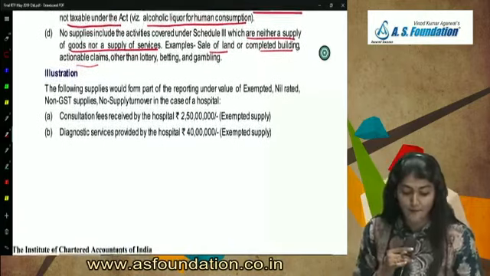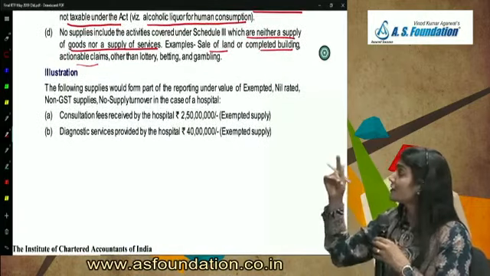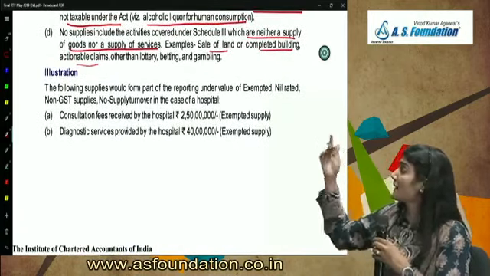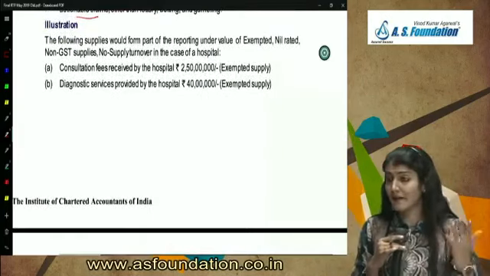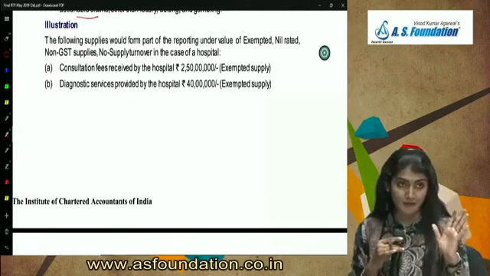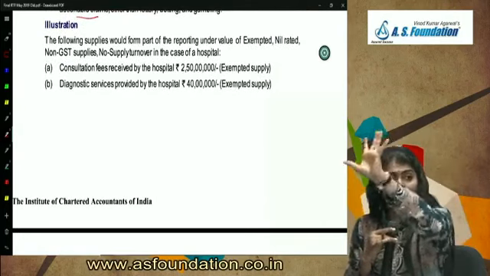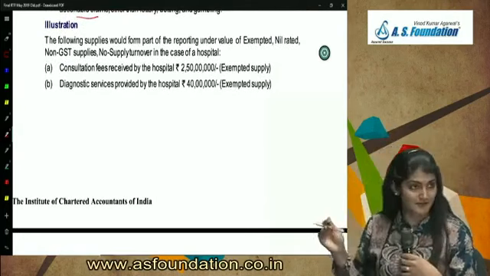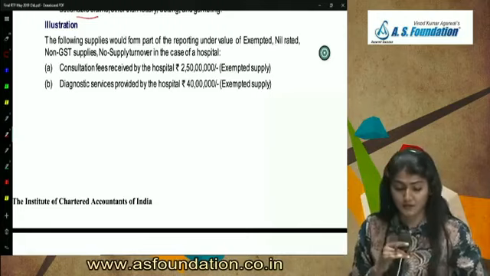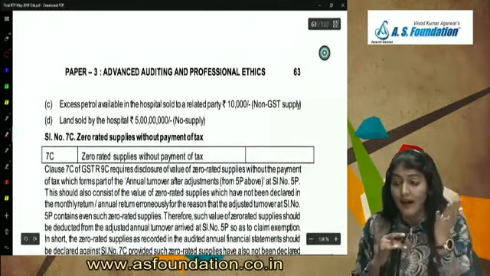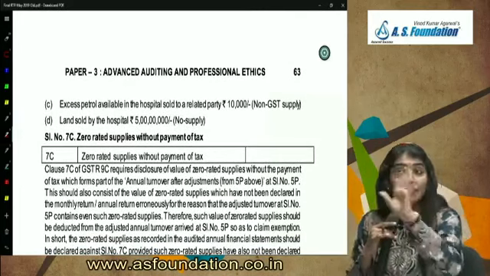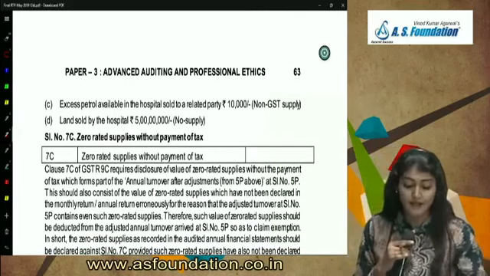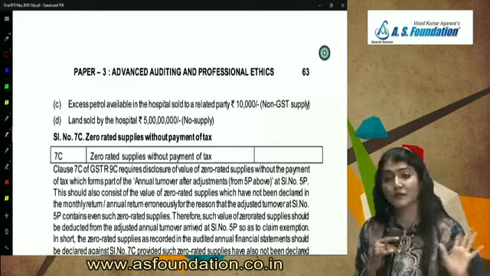Right, what are the examples they have given? Consultation fees received by the hospital, exempted supply. Diagnostic services provided by the hospital, again exempted supply. So total turnover as per GST law minus this, and minus the consultation fee, diagnostic services, excess petrol available with the hospital sold to a related party, non-GST supply, and land sold by the hospital, again no supply.